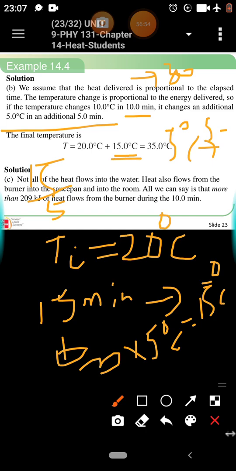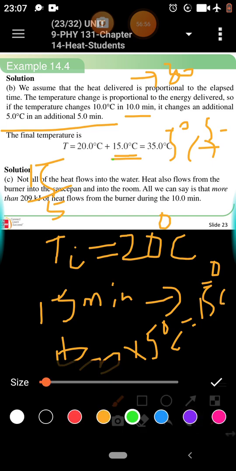That's why they added the 15 degrees here. So that's why the total is this.